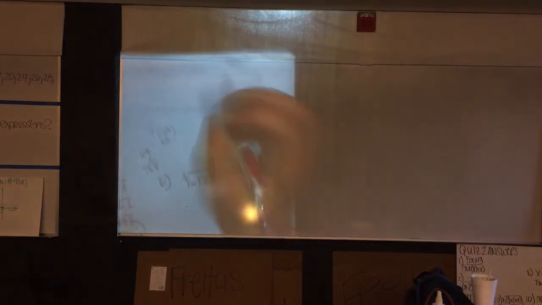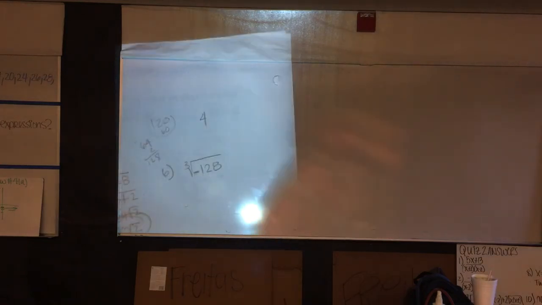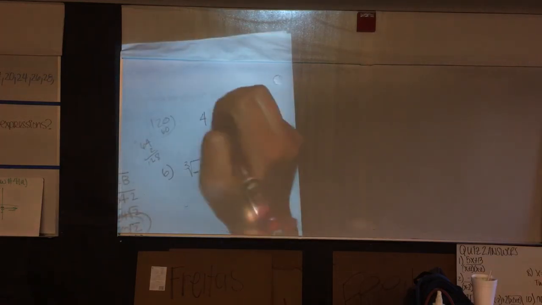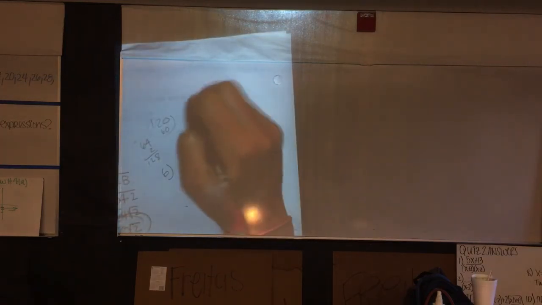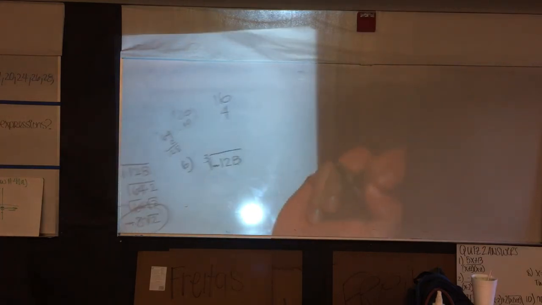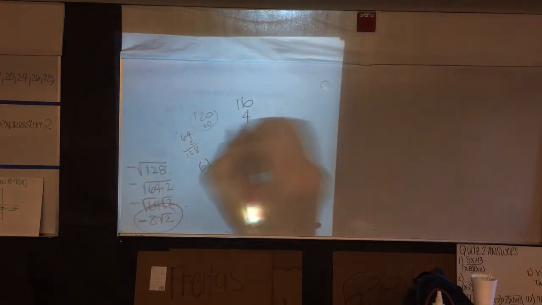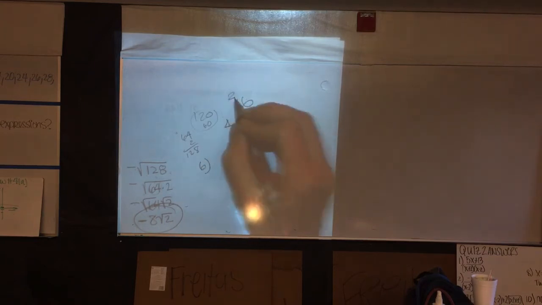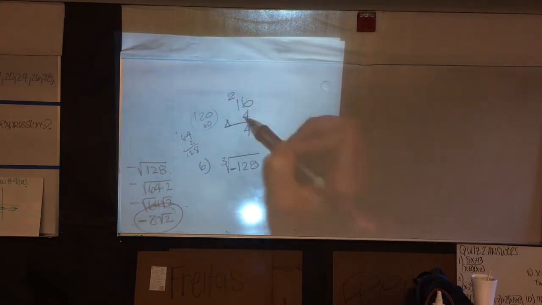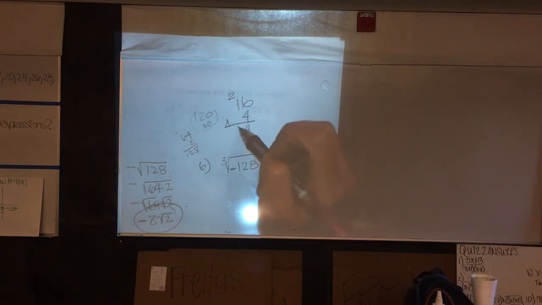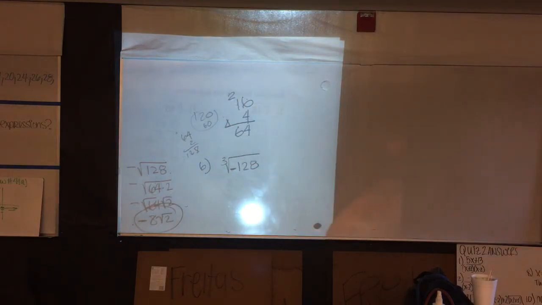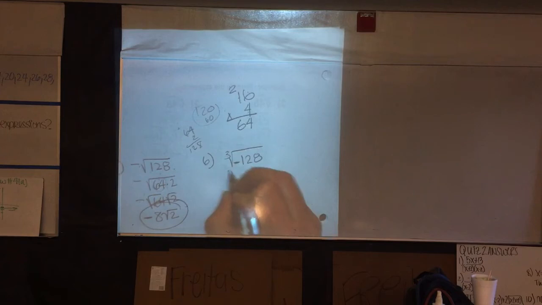Let's double check it. I think it's 4 to the 3rd power. We know that 4 times 4 is 16. And so if I multiply 4 with 16, I should get 4 to the 3rd power. 4 times 6 is 24. And then carry the 2. 4 times 1 is 4, plus 2 is 6. So that is a cube number also.